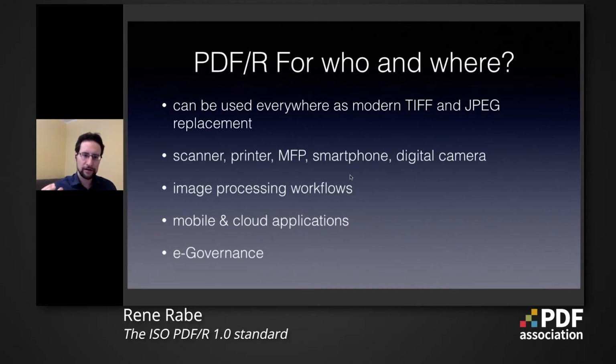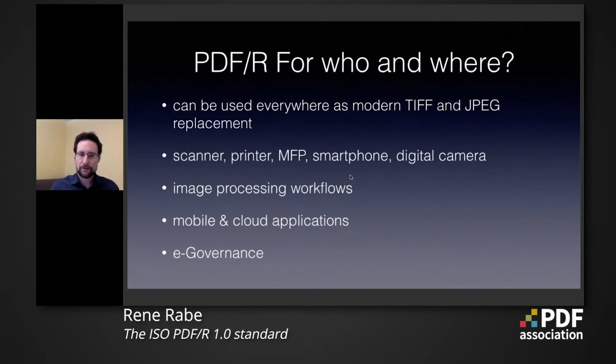From our initial target of scanning and printing, of course, MFPs, for example, and a lot of entry-level printers, require some raw data to be sent. So even printer vendors are interested in using this for mobile applications, for mobile printing, multifunction devices, smartphones, theoretically even digital cameras, so that theoretically you could directly save to PDFs there.